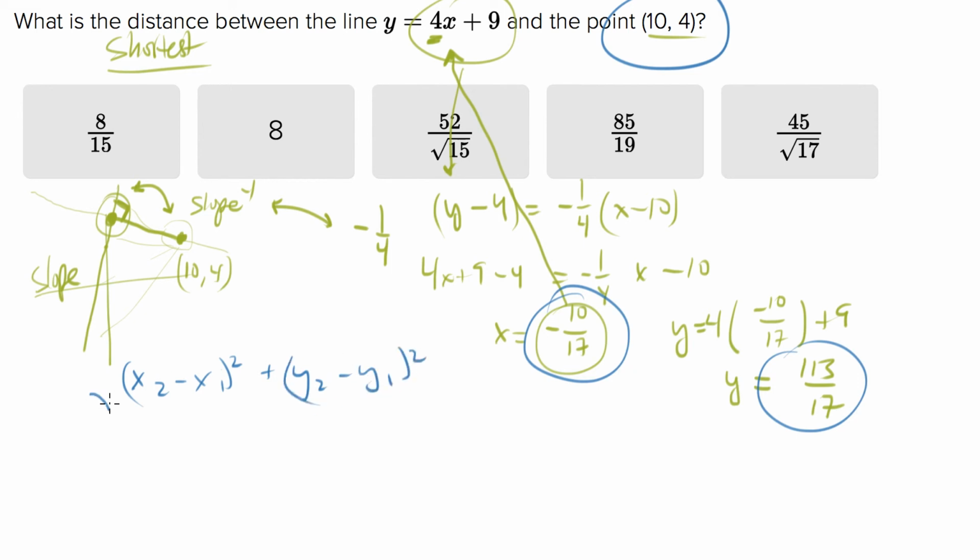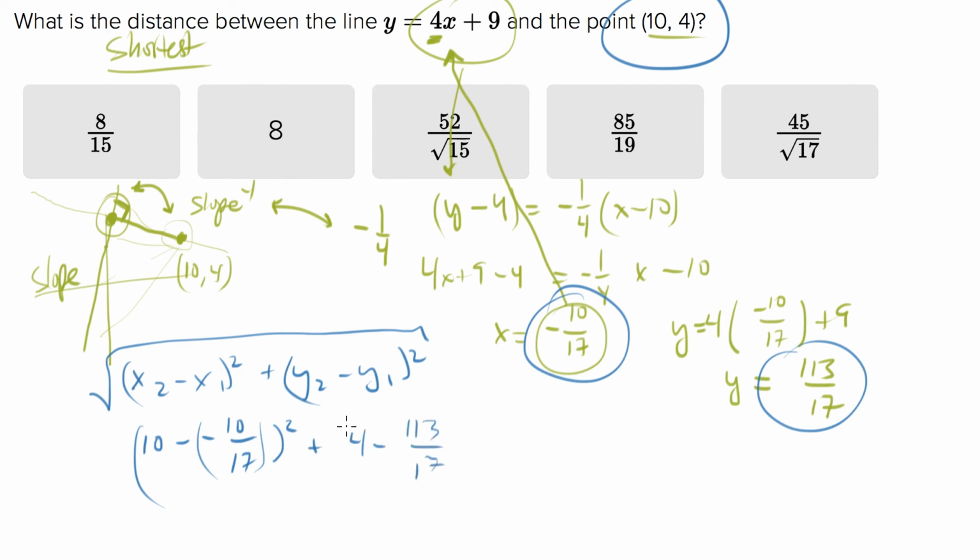Take the square root of all that, and that is the distance between these 2 points. So let's plug in. We get 10 minus negative 10/17, ridiculous, all of that squared, plus 4 minus 113/17, still ridiculous. Take the square root of all of that.